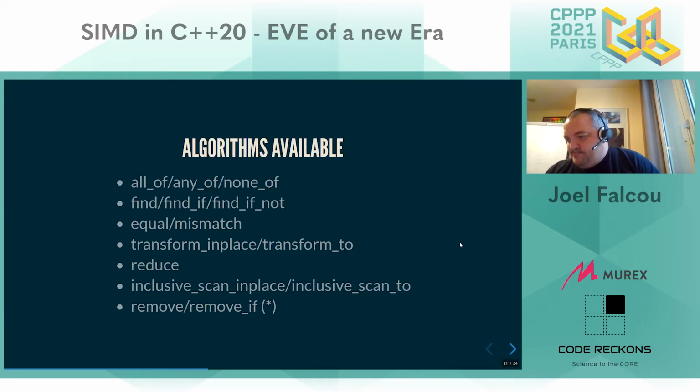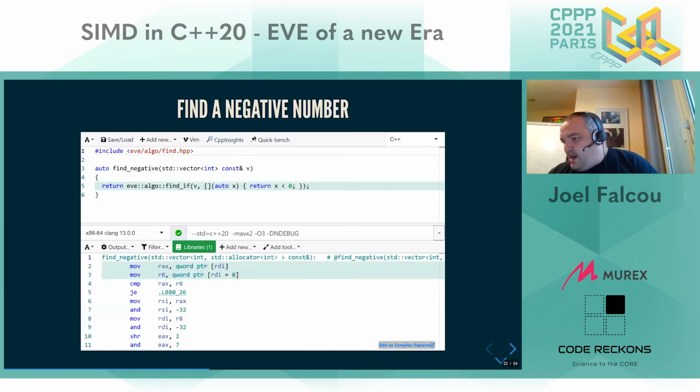Next to that, how does it work? Well, quite surprisingly, a lot like a regular algorithm function call. So we call find_if on some vector of int. The cool thing is that we are range based, so you can just feed us vectors or ranges, and we have a helper function to build a range from whatever you want us to use, and we pass something that looks like a lambda.